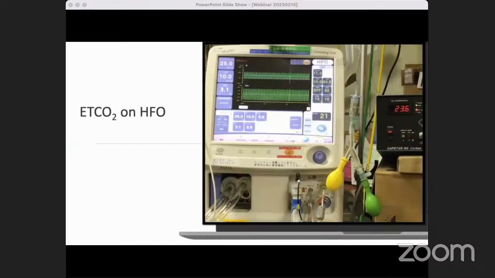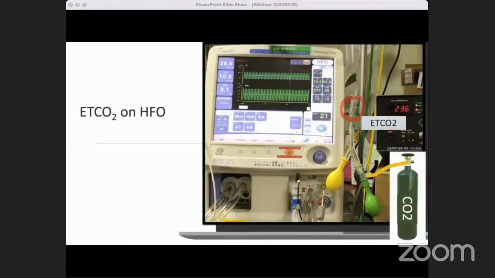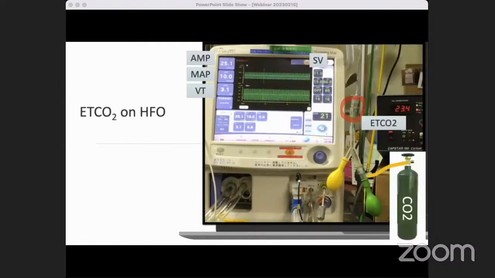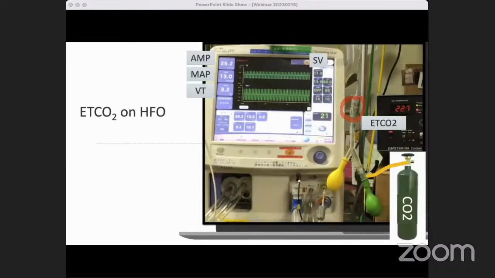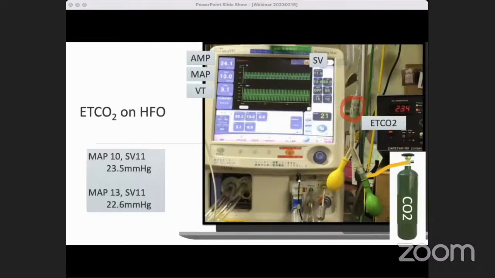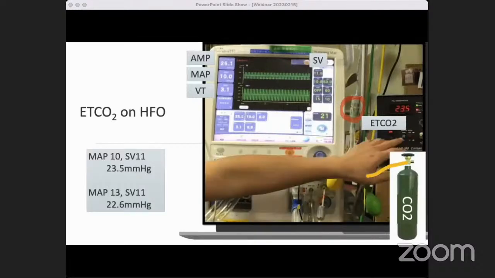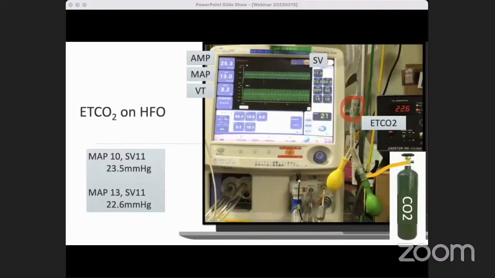In an experiment using a model test lung, an EtCO2 sensor is inserted in front of the model lung to measure the value of carbon dioxide. And a small amount of carbon dioxide is continuously flowing from the CO2 tank. With MAP 10 and a stroke volume of 11, the CO2 value was around 23.5. Later, when the MAP was set to 13, the CO2 value dropped to around 22.6, although the stroke volume setting was not changed.